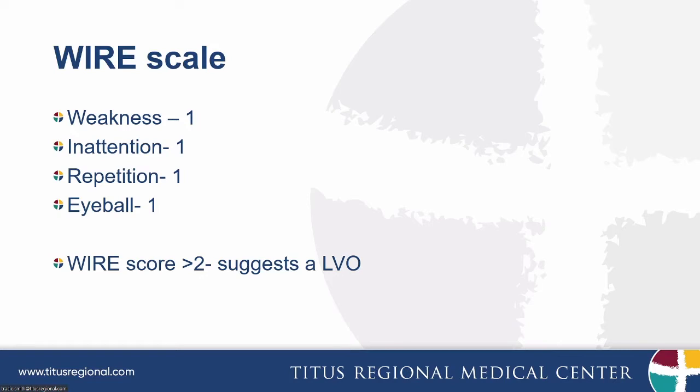Right-sided weakness will be localized to the left hemisphere. If it is left-sided, then it will be vice versa. If the patient has inattention, also known as neglect, neglect most of the time is on the left side and usually covered by the right parietal lobe.